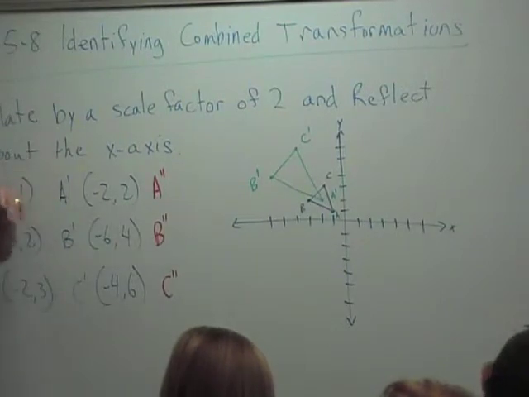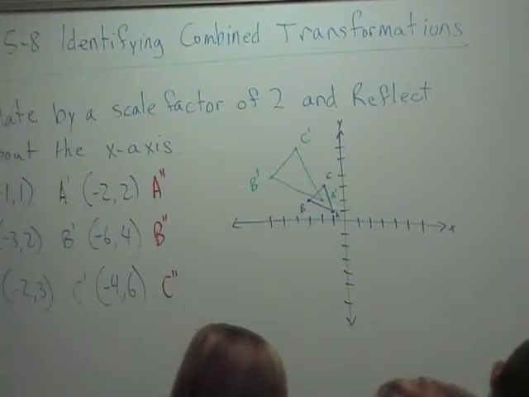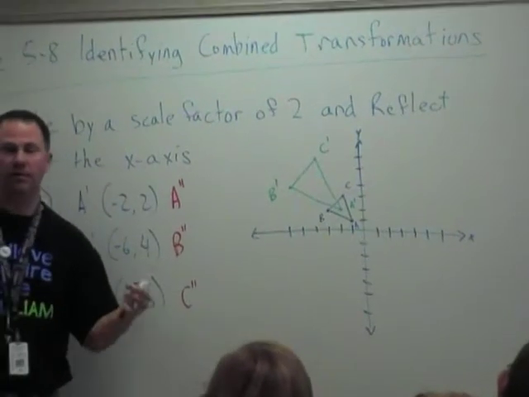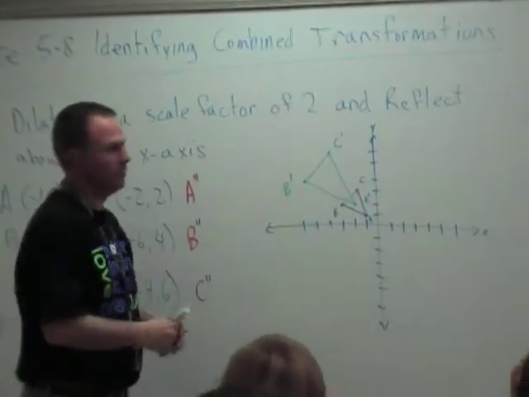So it's a combined transformation. You're doing multiple things to the original object. It's like directions. You do one thing, and then from that point you do another thing. And then from that point you do another thing. Okay?